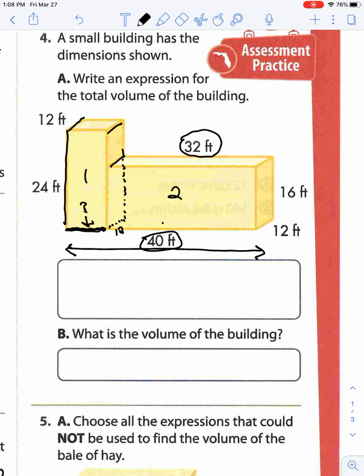So this is 32 here, from here to here. So 32 plus what equals 40? And that would be 8. So now we know it's going to be 8 times 12 times 24.